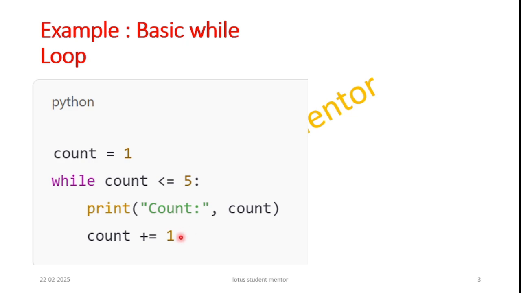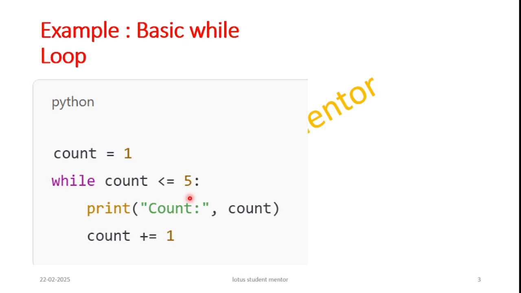Then the increment takes place here, count equals count plus 1, or count plus equals 1. That means count equals count plus 1. Then when the count crosses the limit of 5, termination takes place. The loop will be terminated.